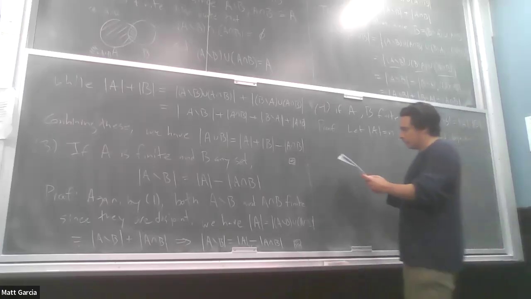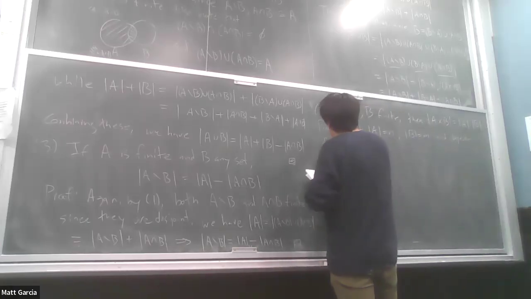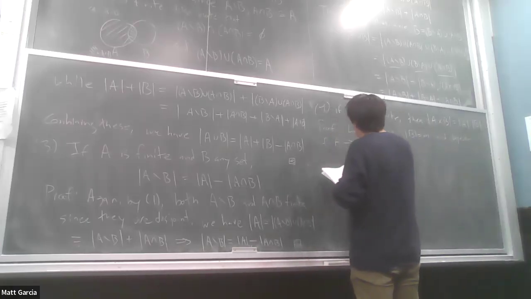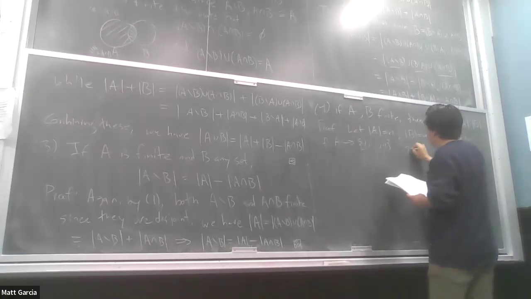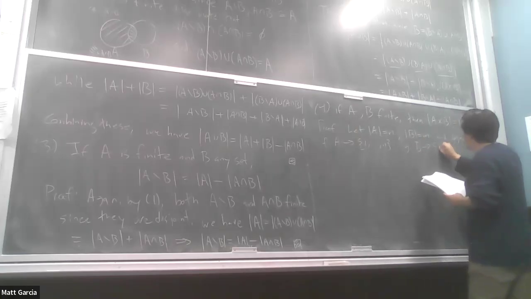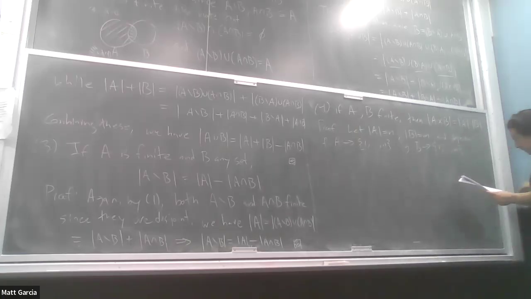We'll take the explicit bijections f going from A to the natural numbers 1 through n, and g going from B to the natural numbers 1 through m.